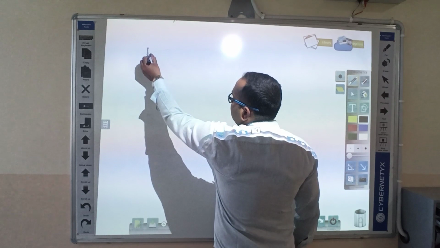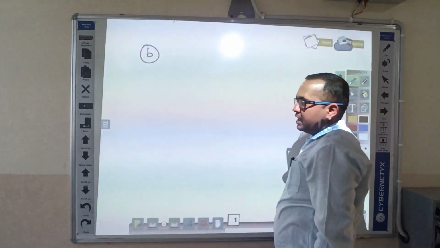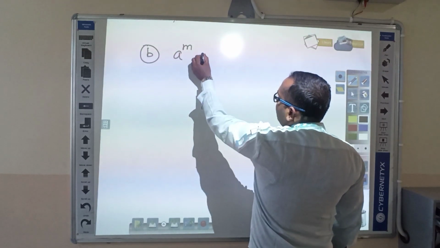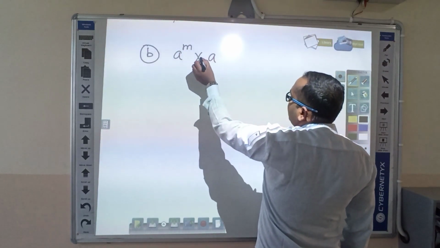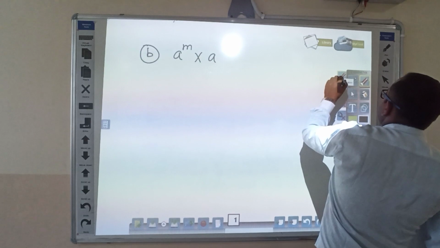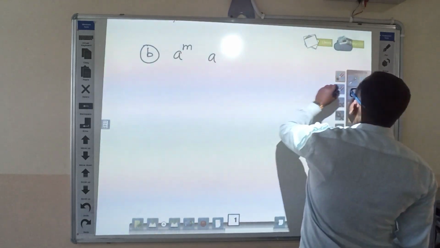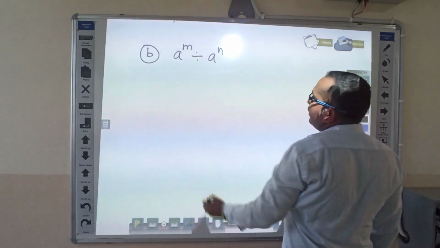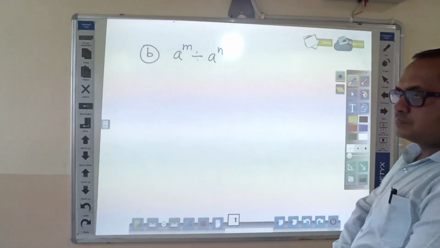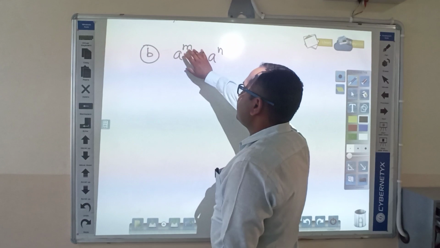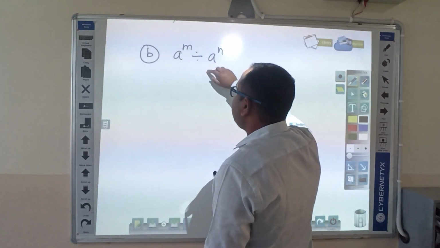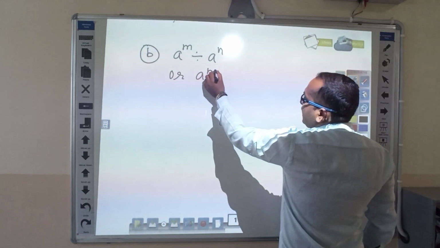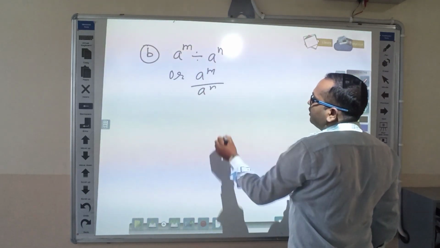Now the second law states that when the bases are common and exponents are different, but they are in division, it is written as a to the power m by a to the power n.